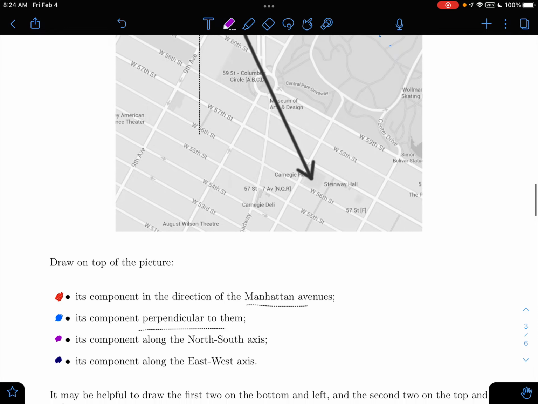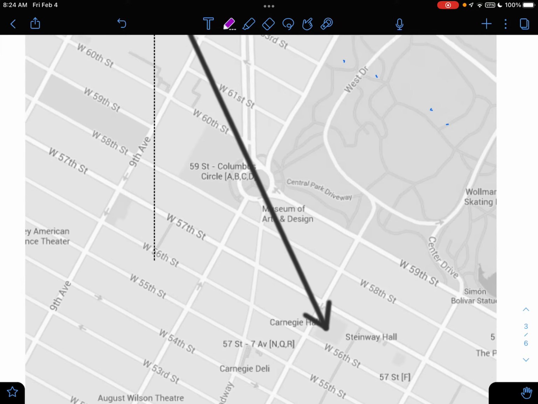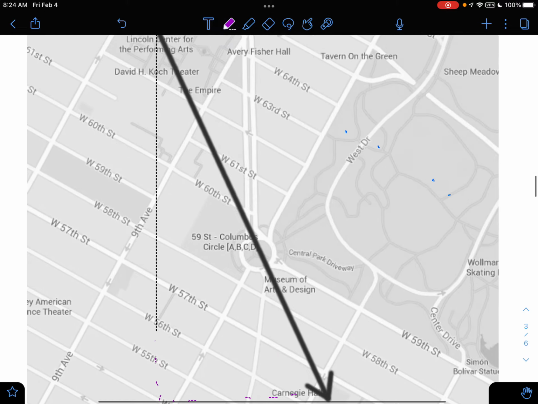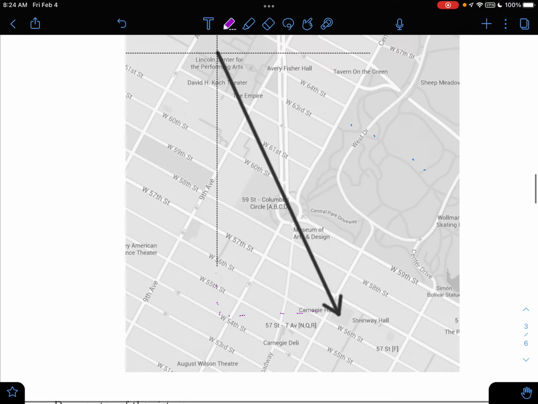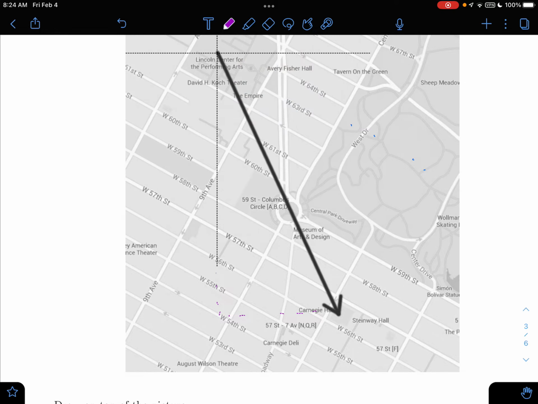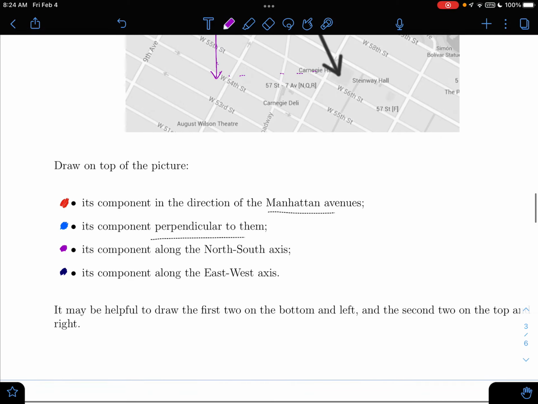So along the north-south axis, that's up here. It's the same thing as before. I'm going to find where it would go like that. Oh, I'm still in the dotted line mode. That's not helpful. There's our north-south direction.